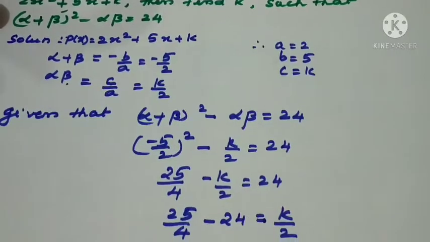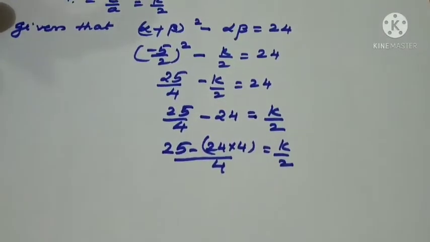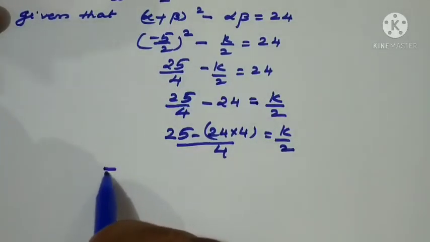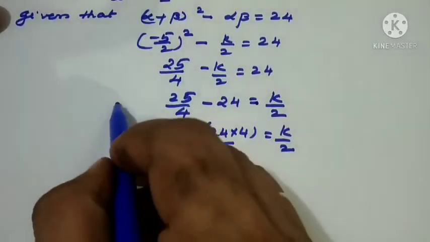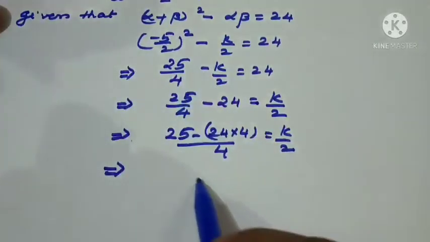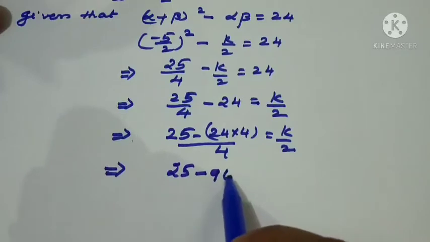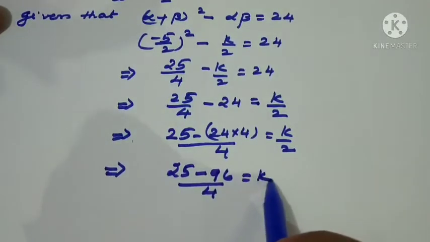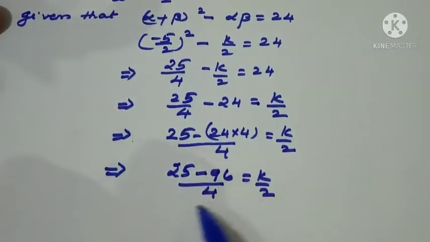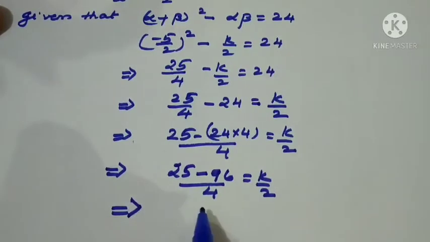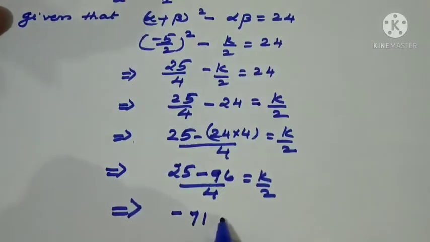This implies 25 minus 96 by 4 equal to k by 2. 25 minus 96, that is minus 71, equal to 4k by 2.